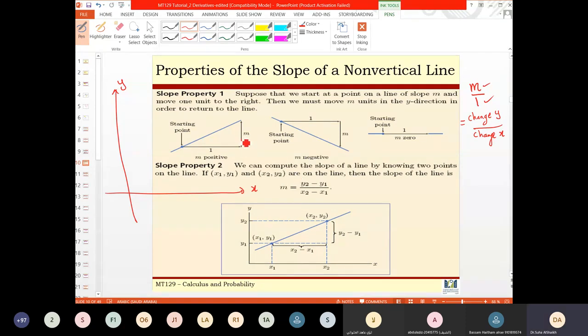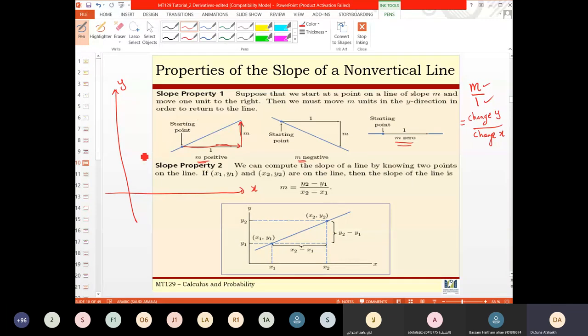So we move in the y direction by m and in the x direction by 1. This is if m is positive. If m is negative, we move 1 in the direction of x and minus m in the direction of y. And if m is 0, it's not up or down, so the line is horizontal.